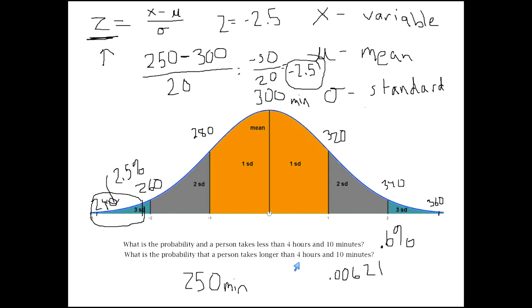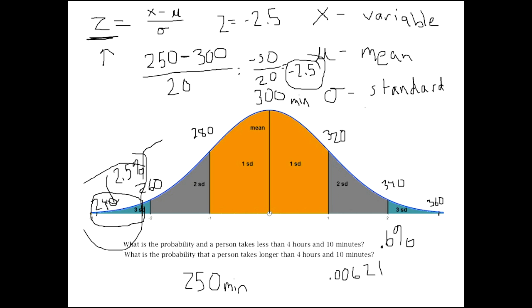To the left. Well, if it asks for longer than 4 hours and 10 minutes, do I want to the left? No, I want to the right. And if I want to the right, and I know that it's out of 100%, then that means there's whatever's left over, which is a lot, right? This was 0.6 from this area over here that we just calculated. Well, then to the right is everything that's not in that 0.6.